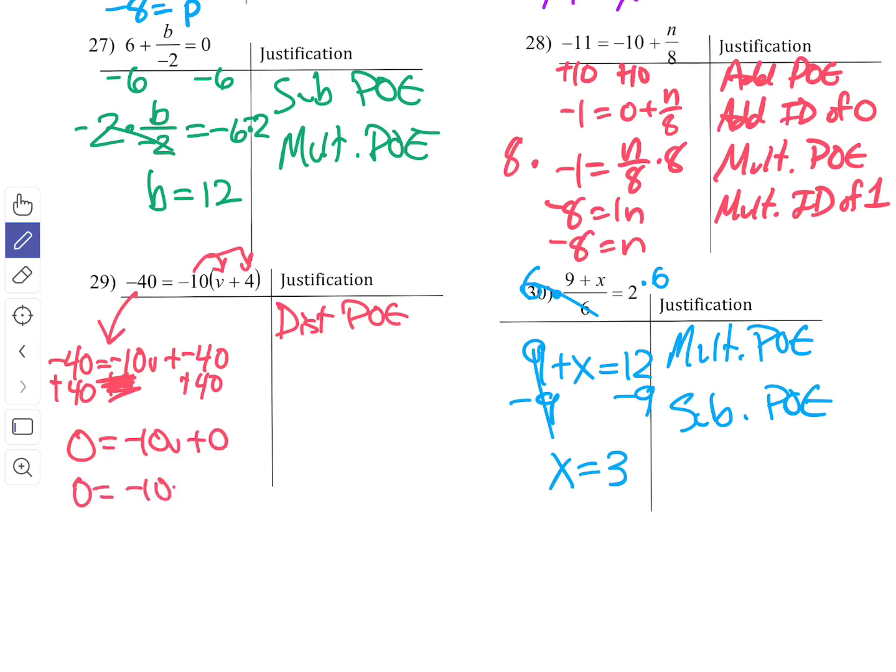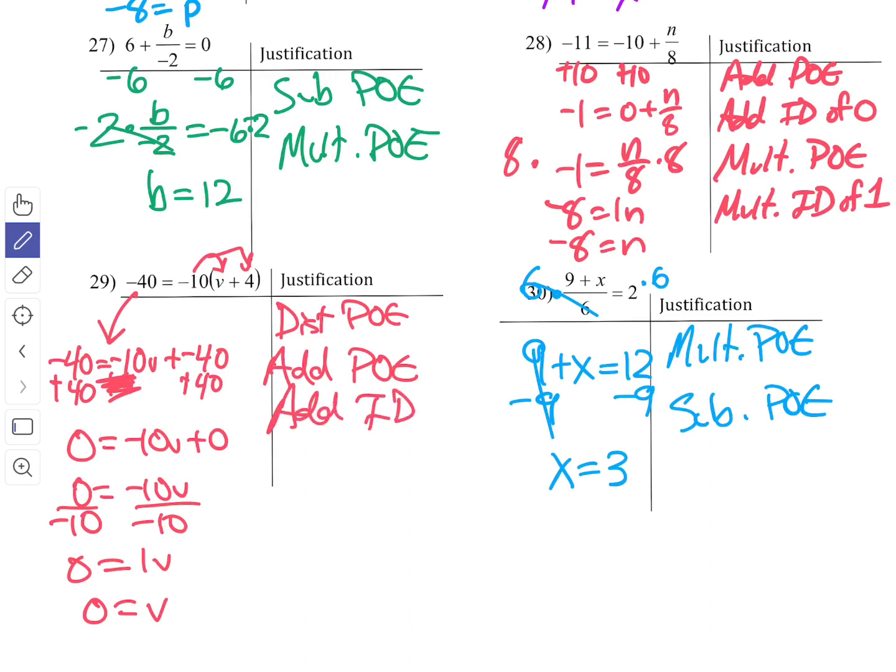So 0 equals negative 10v, divide by negative 10, and hopefully it was easy to see that you have 0 for v, which is all right to have. That's an all right thing to have happen for you because of what is going on in this problem. And we write out all our properties of equality.